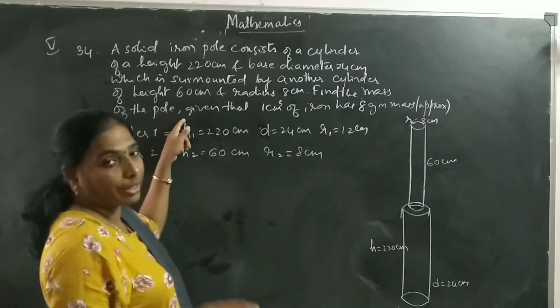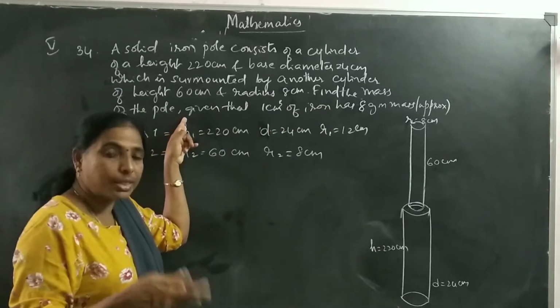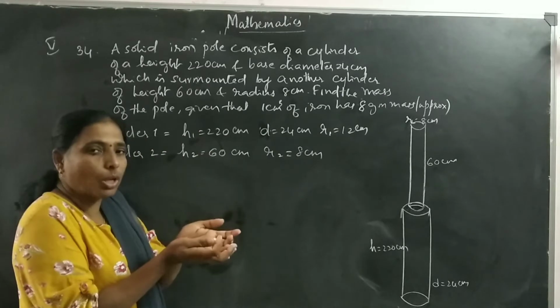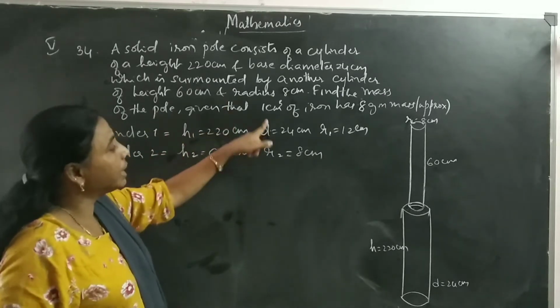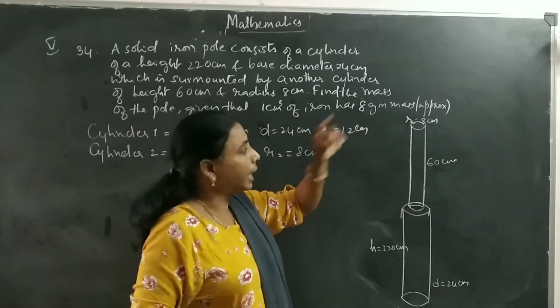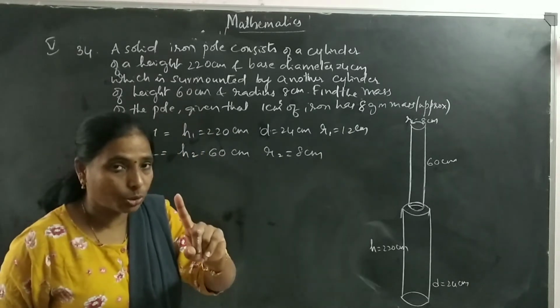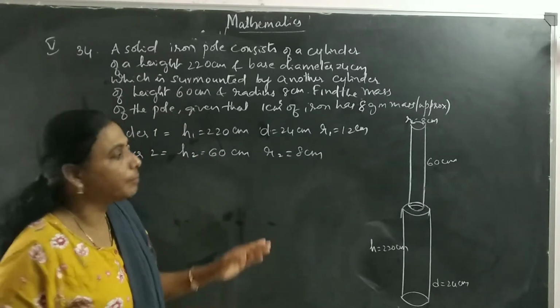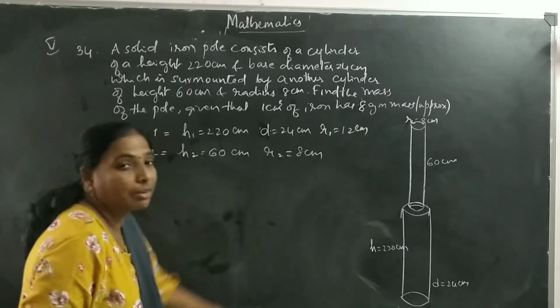Now they are asking you to find the mass of the pole. Whenever it is the question of mass, it is volume. Mass means volume. So mass of the pole, given that 1 centimeter cube is equal to 8 grams approximately. Then find out the total mass required for this.